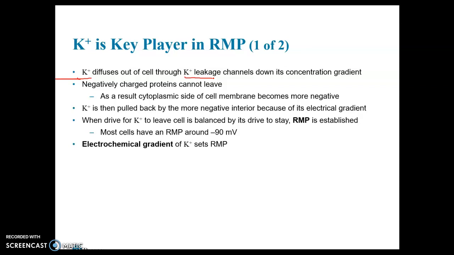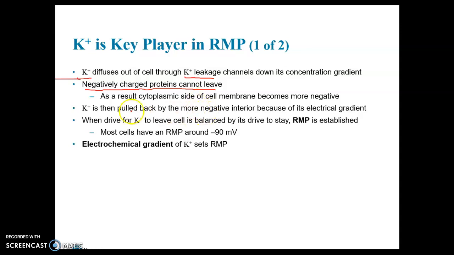So potassium diffusing out of the cell causes positive charges to leave the cell. But inside the cell, there are these large proteins that are negatively charged, and they can't leave because they are too large to leave. So we have negative proteins inside the cell and then positive ions leaving the cell, making it even more negative inside.